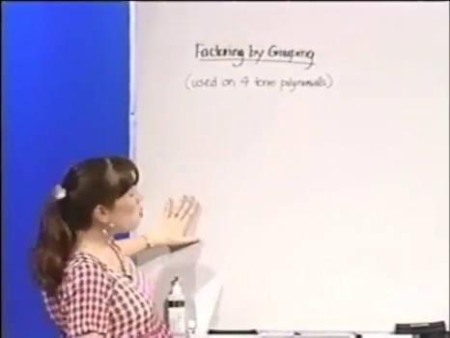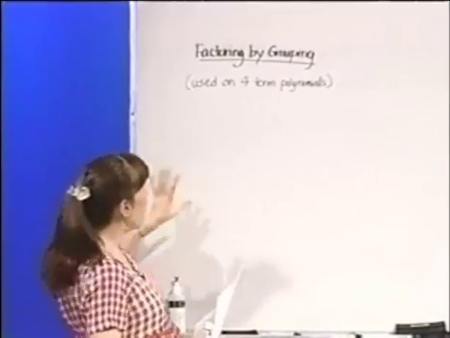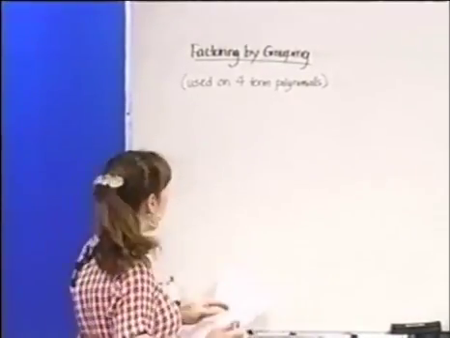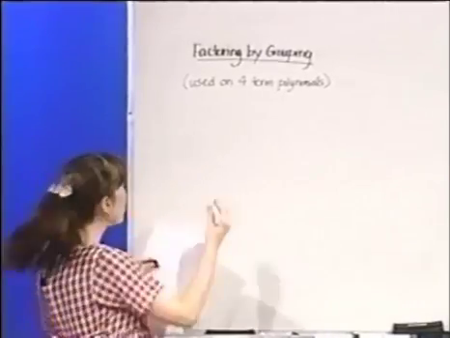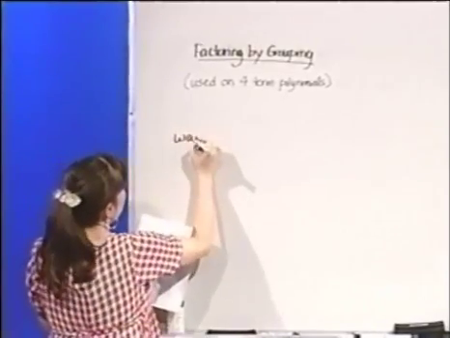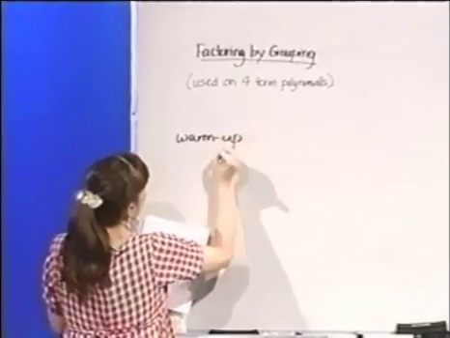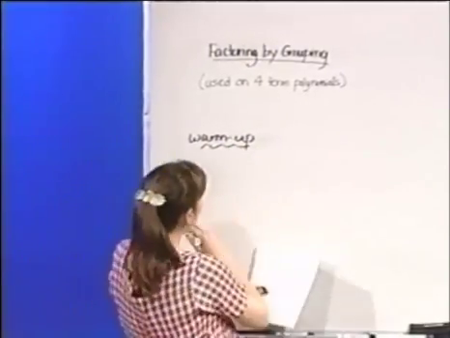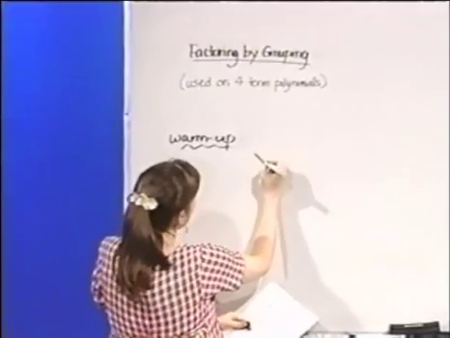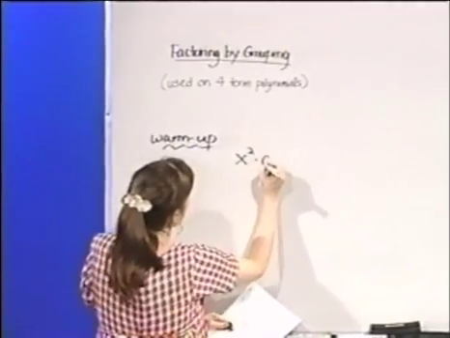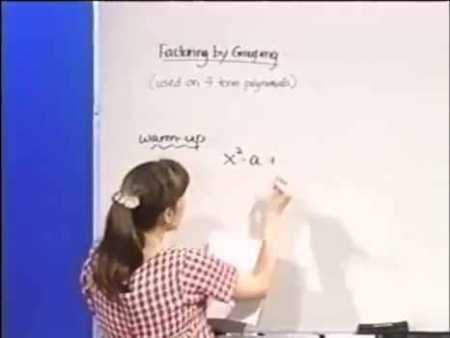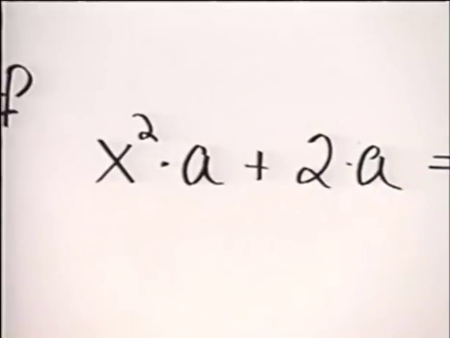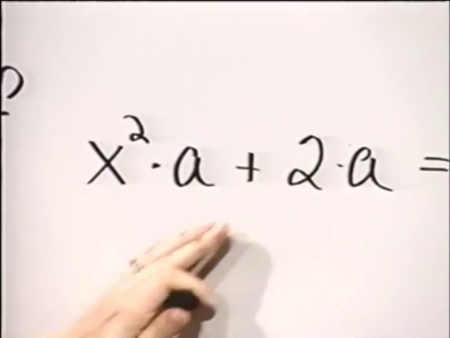So let's do some warm-up exercises first. Then I'll tell you how to factor by grouping by doing that example over there. Okay? So let's warm up, and we're going to practice using the distributive property. Let's take x squared times a plus 2 times a.